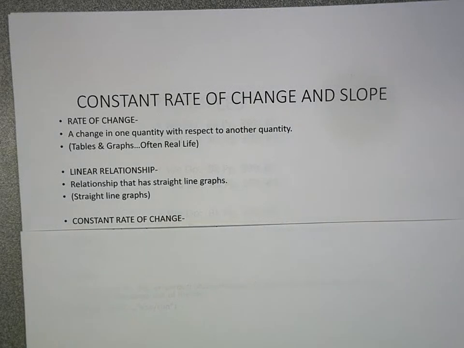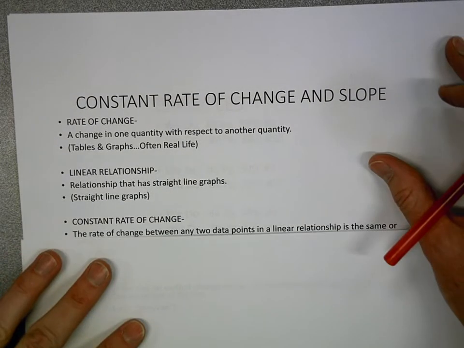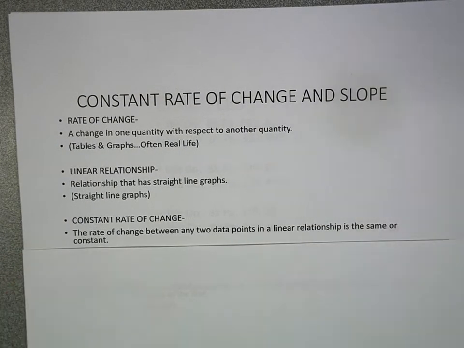The next one, we've talked about rate of change. Now this is something a little more down your alley when it comes to our homework. It is the constant rate of change. Everyone? Constant rate of change. It says the rate of change between any two data points in a linear relationship is the same, or constant.